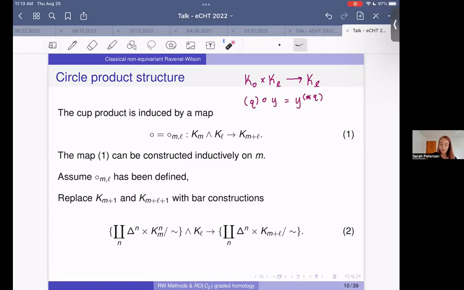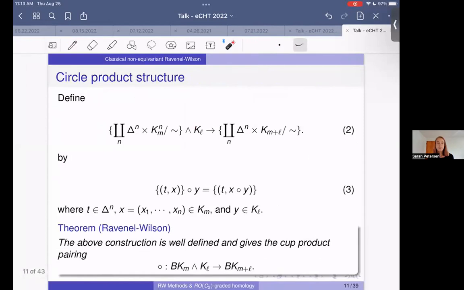So with that as our starting point for the induction, we can assume that the circle product on m and l has been defined, and then we replace K(m+1) and K(m+l+1) with their bar constructions as in the last displayed line. And we define this circle product by keeping the point in the simplex the same and taking the circle product on spaces Km and Kl, which is something we already know how to do.